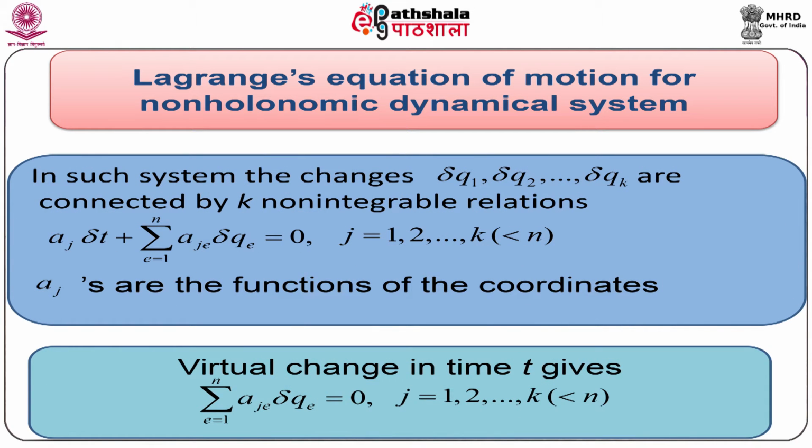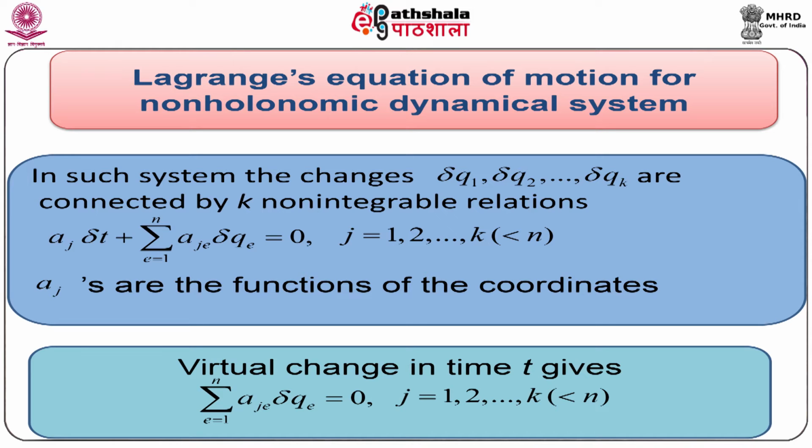In such a system, the changes delta q1, delta q2 up to delta qn are connected by k non-integrable relations. Please note that we are considering virtual changes, that is why the delta symbol has been used. The non-integrable relations are given by a_j delta t plus summation over e of a_je delta q_e equal to 0.